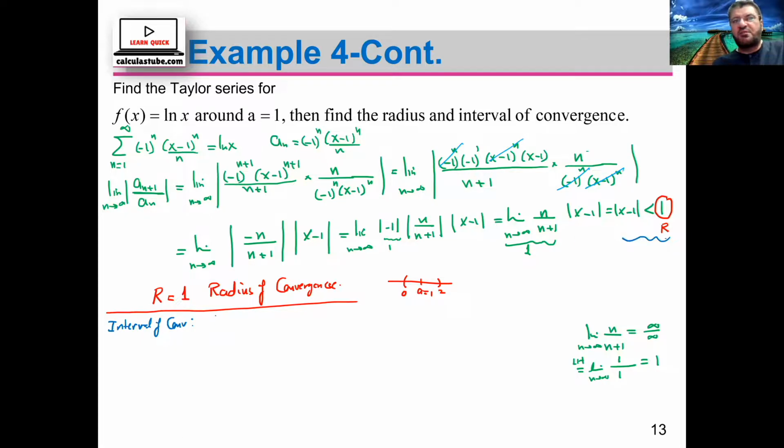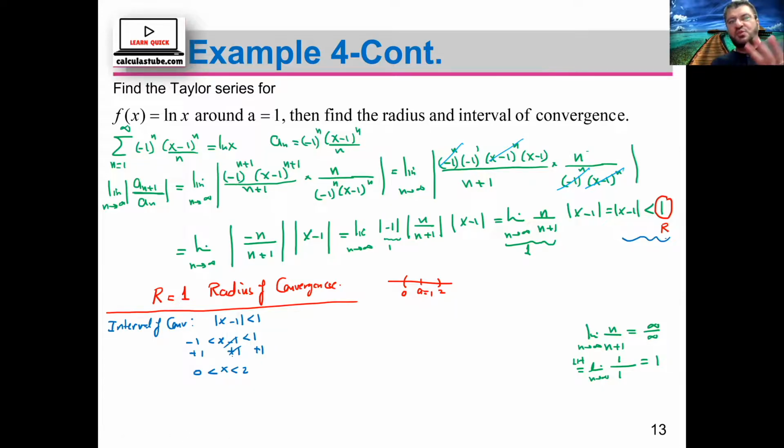What do we have? We have the absolute value of x minus 1 is less than 1. In mathematics, that means x minus 1 is less than 1 and greater than negative 1. Add 1 to both sides. This cancels that. So x is between 0 and 2, as I mentioned a minute ago.